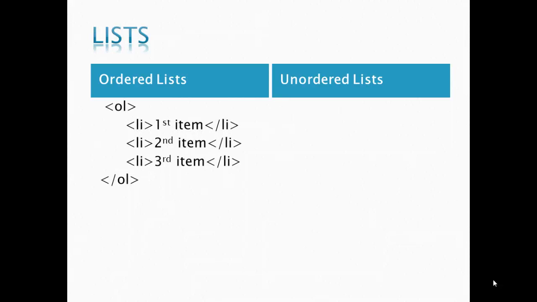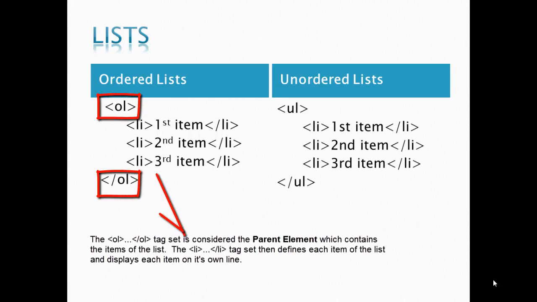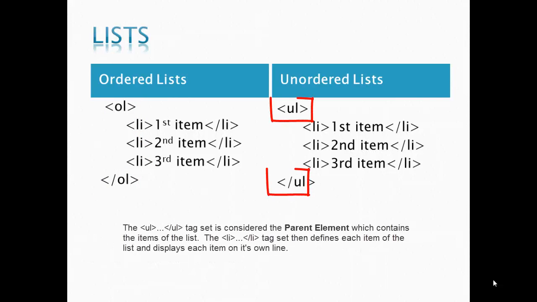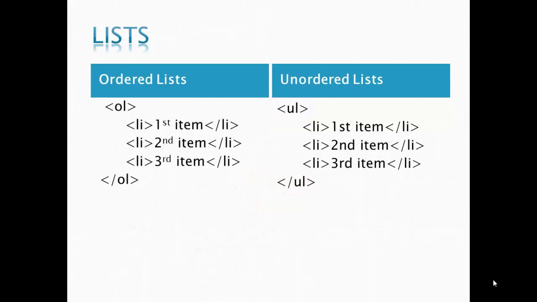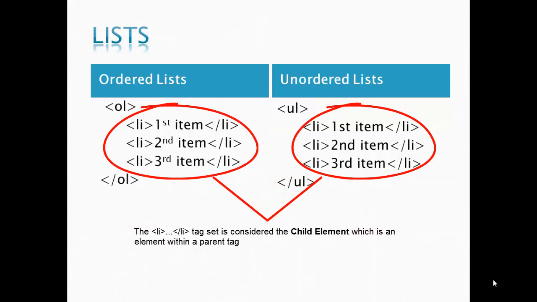You use the same method to create an unordered list. The parent list element for an ordered list is OL. The parent list element for an unordered list is UL. Both use the child element list item, LI, to define each item in the list, as you can see from these two examples.